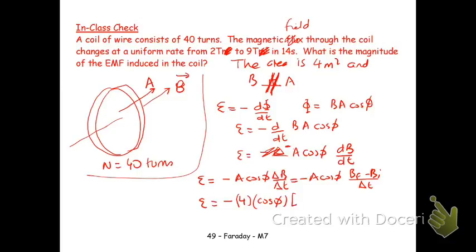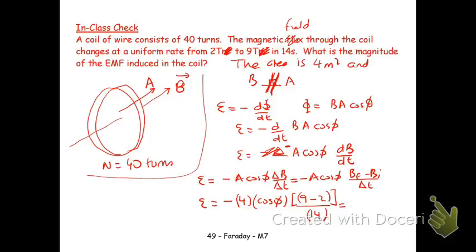B final is 9 Tesla, B initial is 2 Tesla over 14 seconds. So this is going to be, did I bring a calculator with me? Yes.